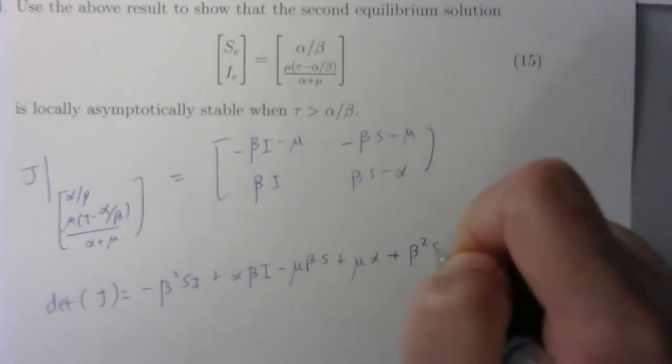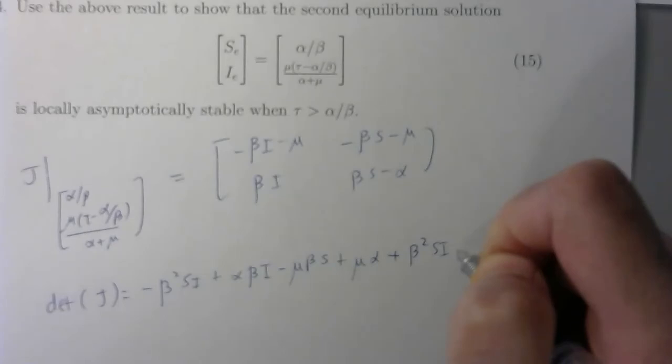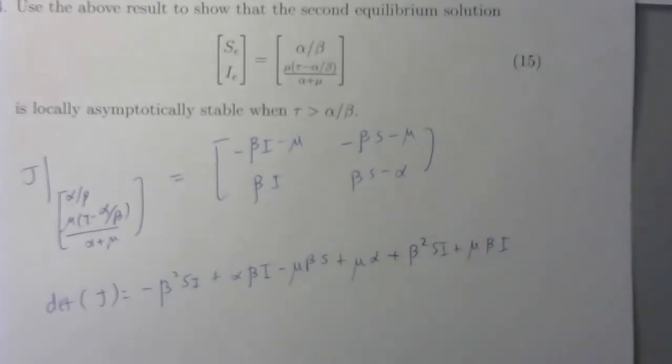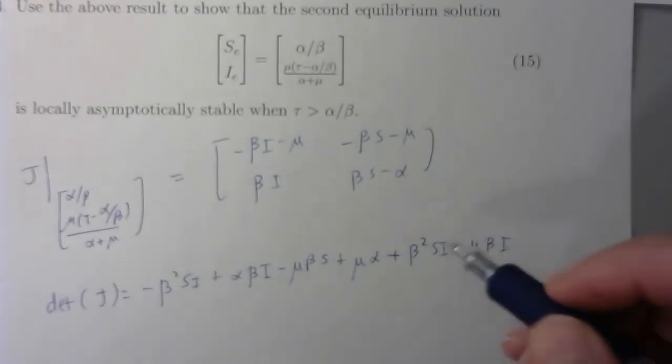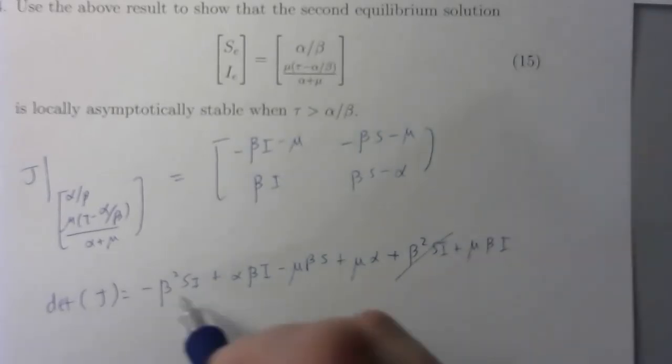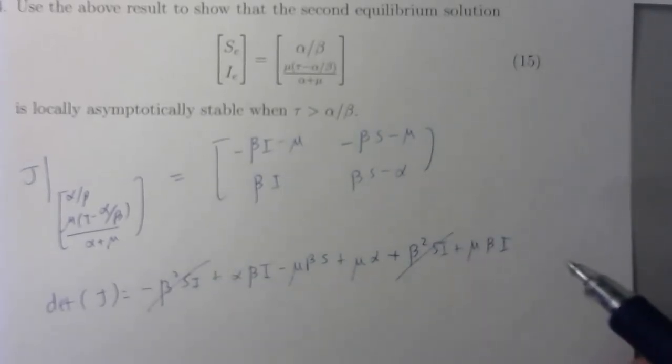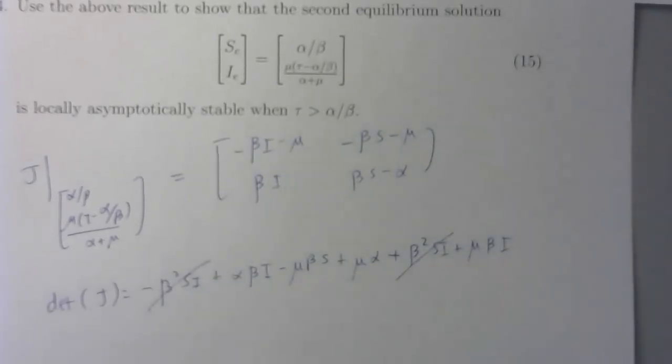So beta squared si plus mu beta i. Did I get the signs right? I think so. I think that's okay. So this guy cancels with this guy. Mu beta s.